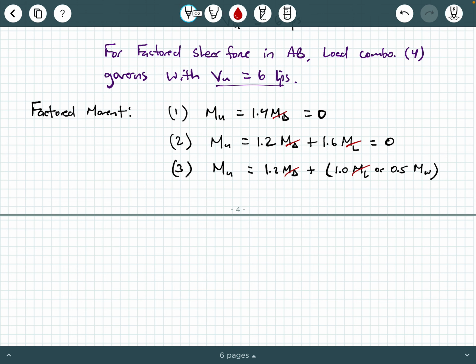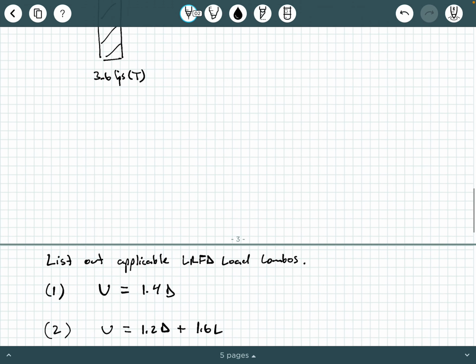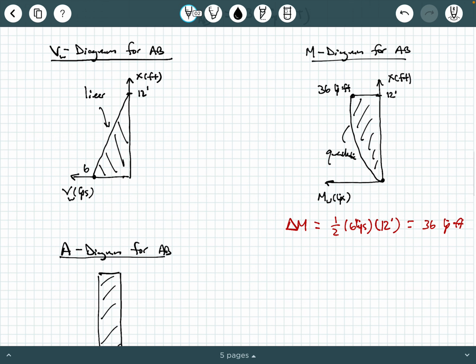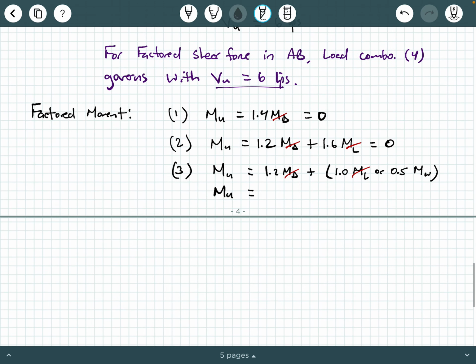We got a lot of zeros, but that moment due to the wind in AB is not 0. So go to your moment diagram from your wind load analysis, and we see that that is 36 kip feet, okay? And so that's going to be 18 kip feet as MU for combo 3.